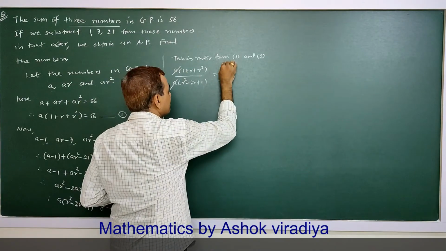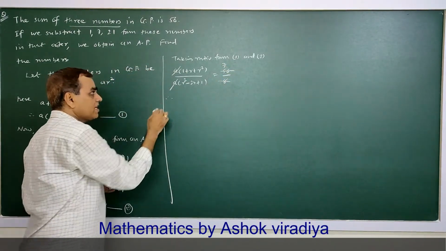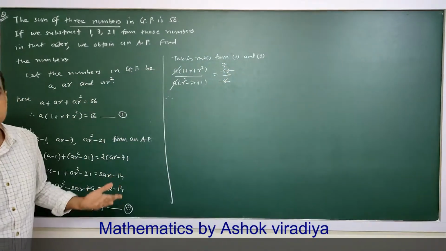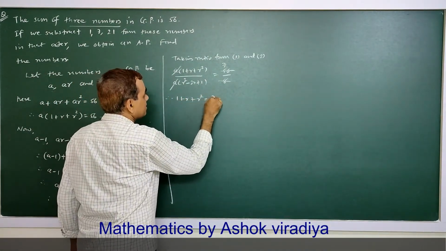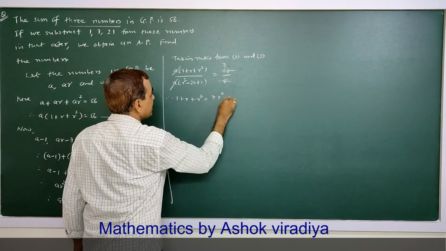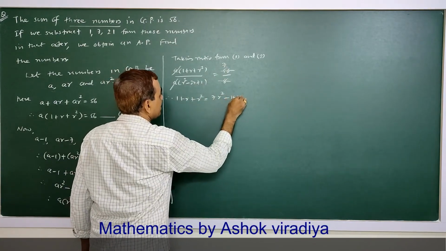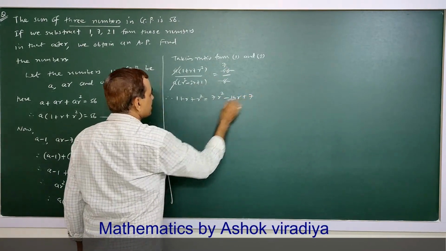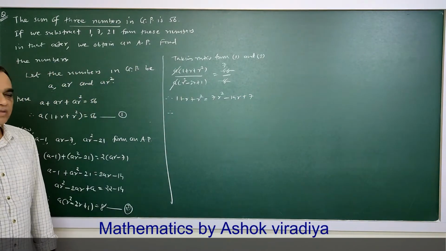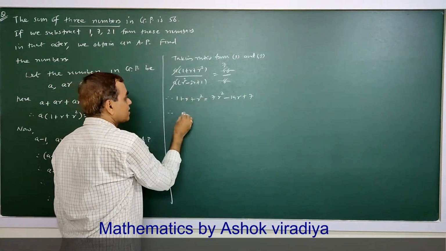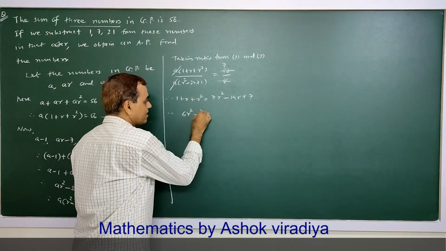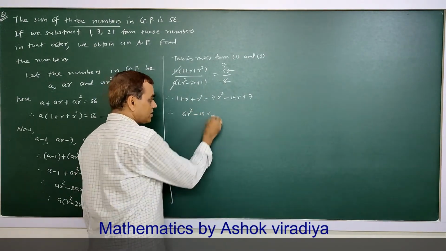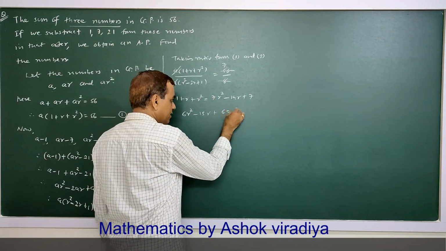Here 8 into 7, 56. We are going to have a quadratic equation in R. So 1 plus R square is 7R square minus 7 into 2, 14R plus 7. So 7R square minus R square, that is 6R square, minus 15R plus 6 is 0.